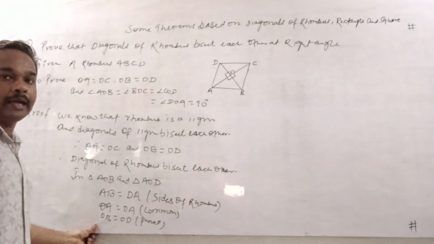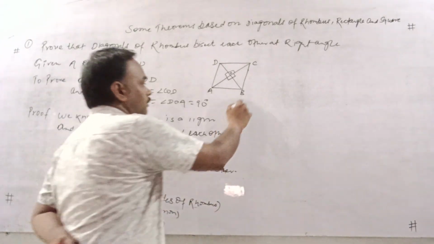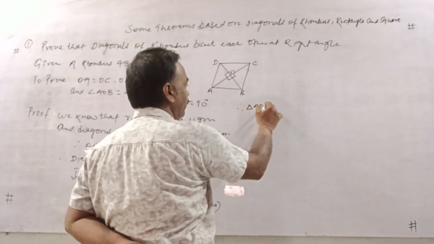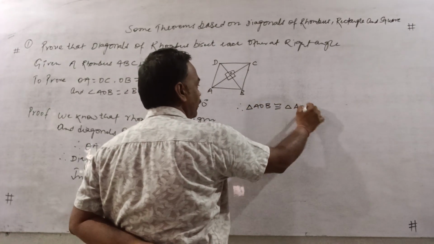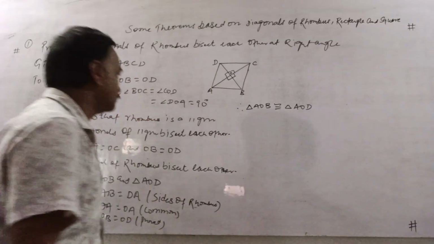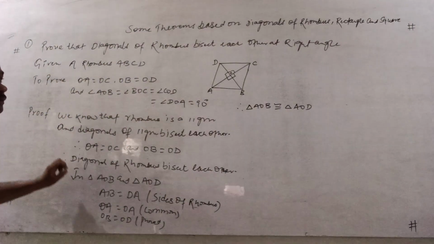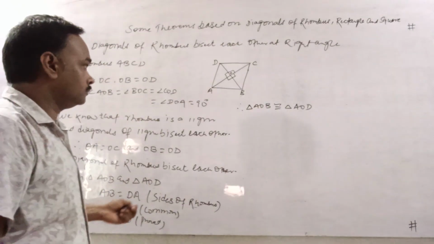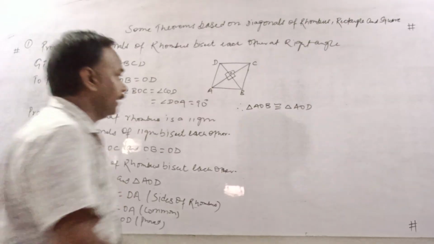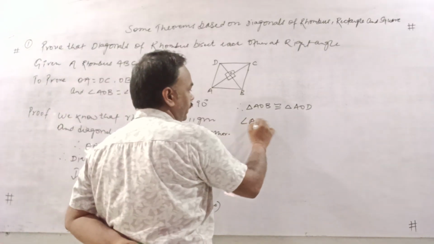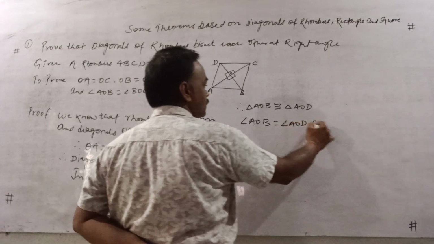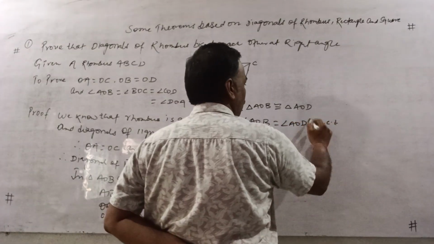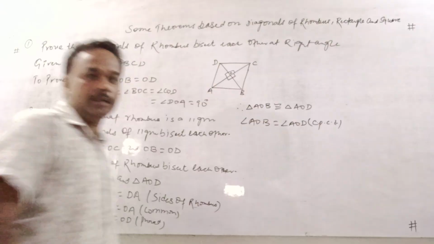So triangle AOB is congruent to triangle AOD. Clear? Then angle AOB is equal to angle AOD by CPCT, corresponding parts of congruent triangles.